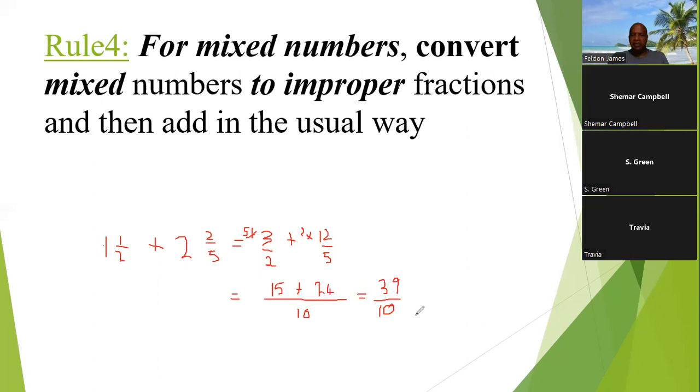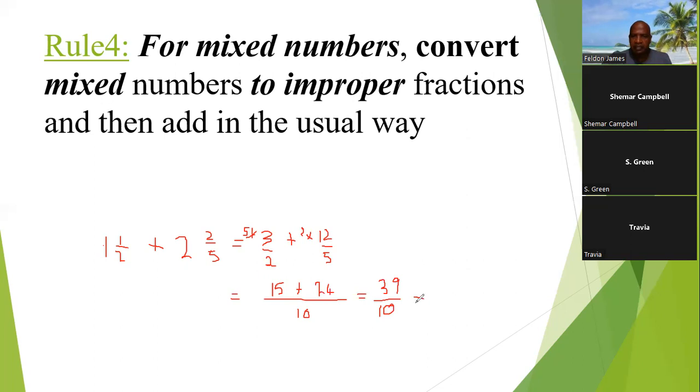All right, now in maths, we don't like to leave our answers as improper fractions. So we generally convert our improper fraction to a mixed number. What would we get here? 3 and 9 over 10.